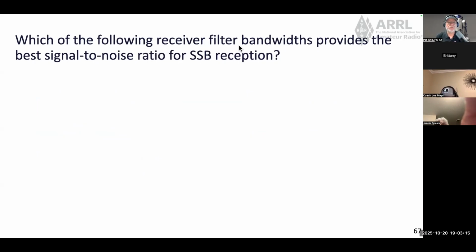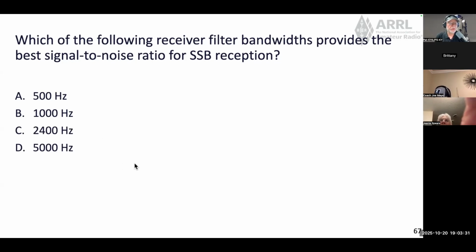Which of the following receiver filter bandwidths provides the best signal to noise ratio for single sideband reception? 500 hertz, 1000 hertz, 2400 hertz, or 500 hertz. Now, we talked about that, but we weren't talking about hertz. We were talking about kilohertz.